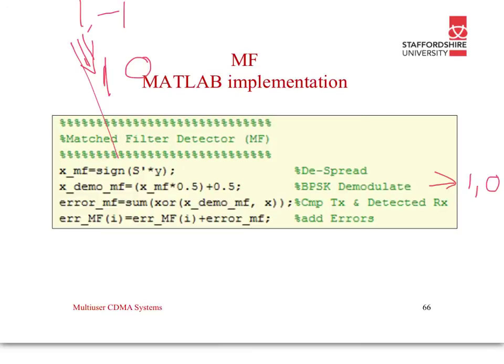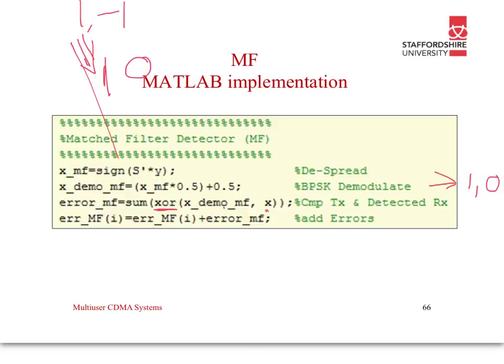The reason I'm doing that is to compare how many errors there are. If we exclusively OR the demodulated match filter output with the input data X, then if the two are different, we'll get a 1. If they're the same, we'll get a 0.